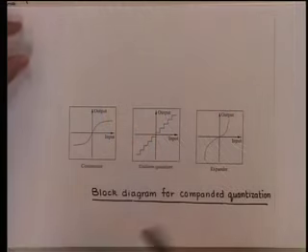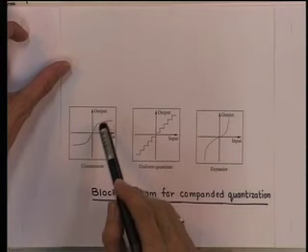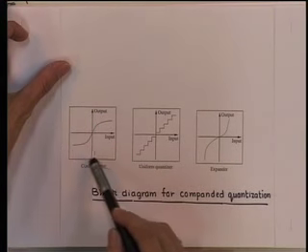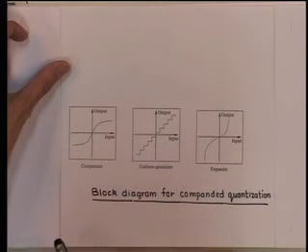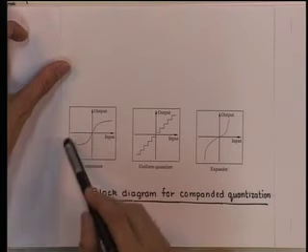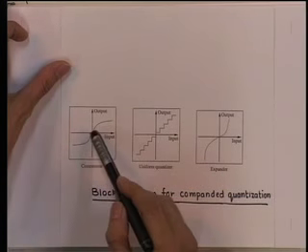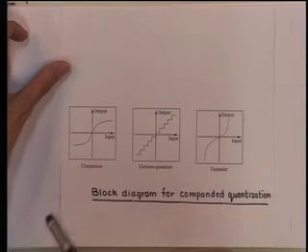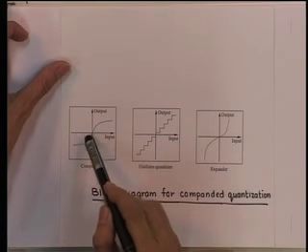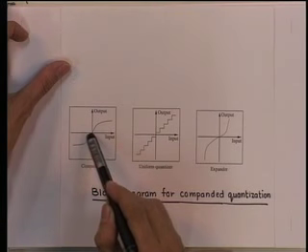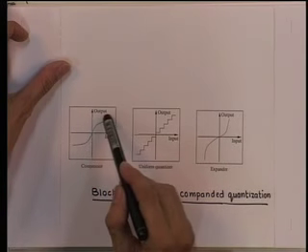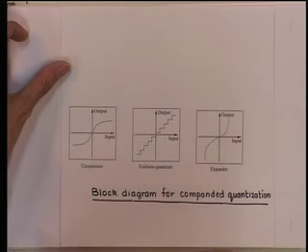The companded quantization can be represented by the following block diagram. First, the input is mapped through a compressor function. The compressor function's task is to expand or stretch the high probability regions close to the origin and compress the low probability regions away from the origin.